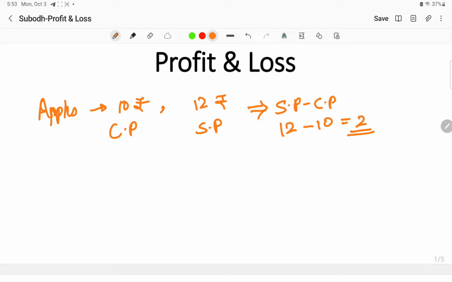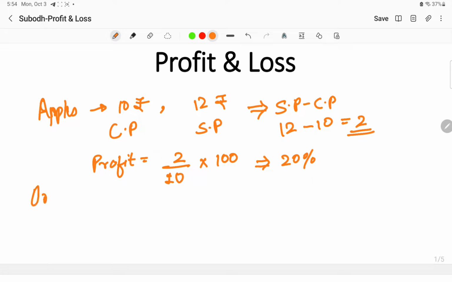So this is the profit. And if you want to calculate the profit percentage, it goes like 2 upon cost price, that is 10 rupees, into 100, that equals 20%.